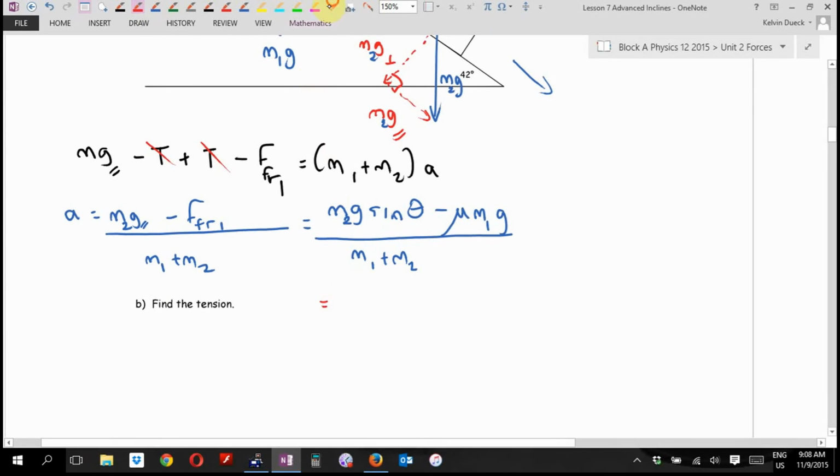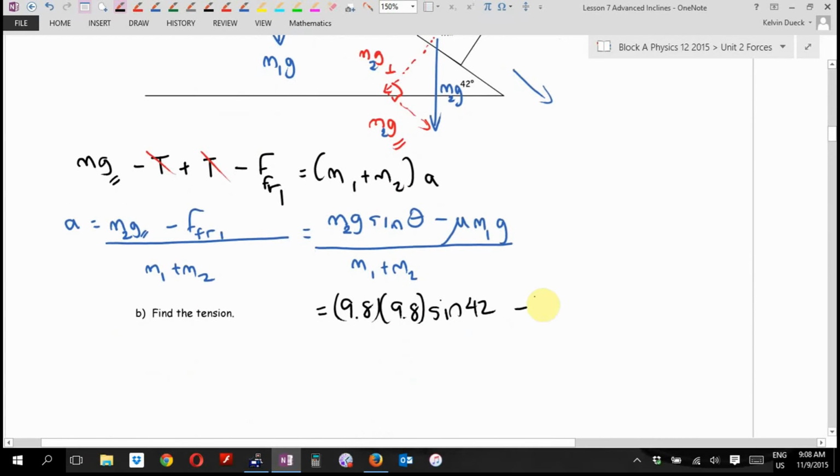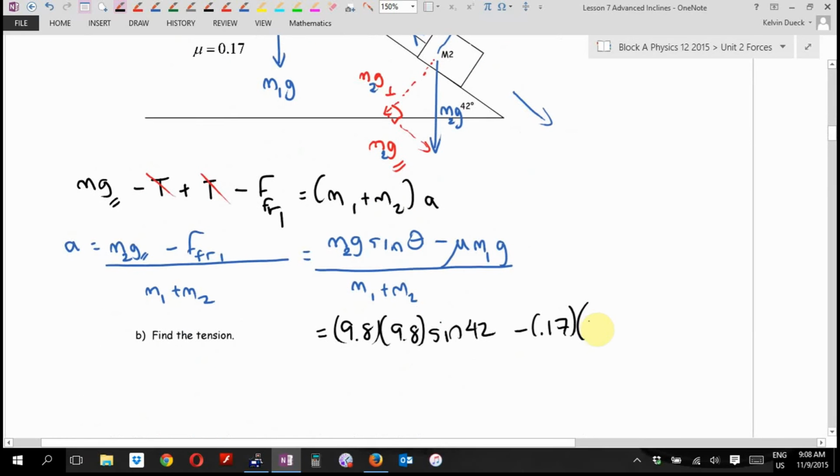Equals 9.8 times 9.8 sine 42 minus, what did I say mu was? 0.17 times, and mass 1 is 12, times 9.8, all divided by 12 plus 9.8.